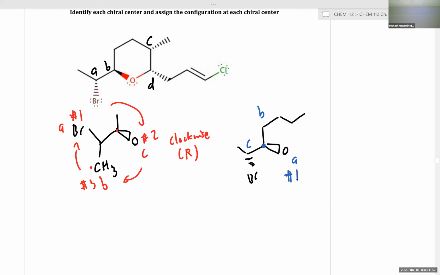What's the next highest priority? C, yep. And B gets number 3 by default. We then draw an arrow from highest to lowest priority, and as we see, we have the R configuration. Does that make sense to everyone so far?